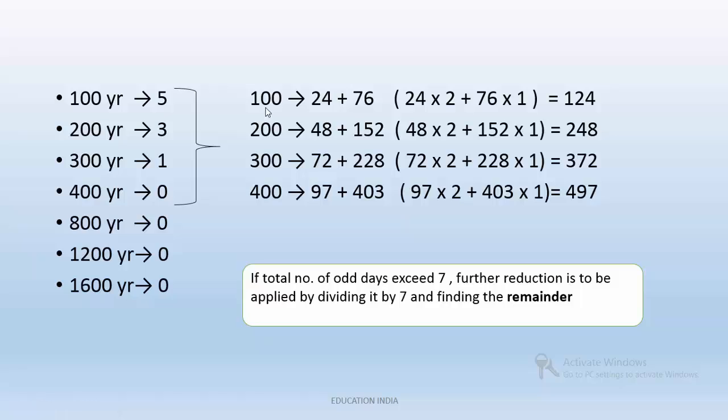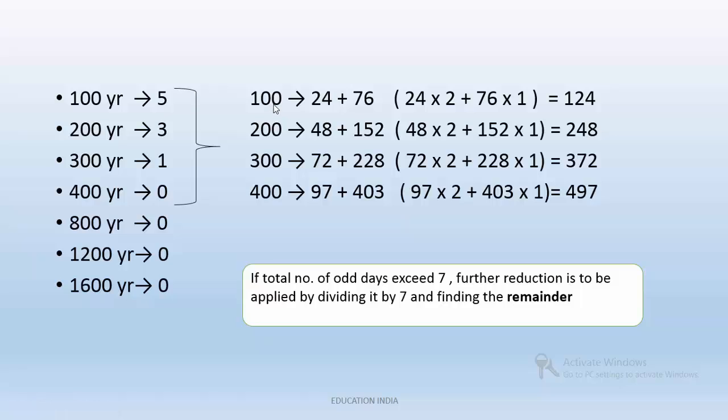100 years will consist of 24 leap years and 76 non-leap years. Mathematically, when 100 is divided by 4, it should give 25. But since 100 is a century year and it is not divisible by 400, 100 is a non-leap year. Thus, the total number of leap years will be 24.